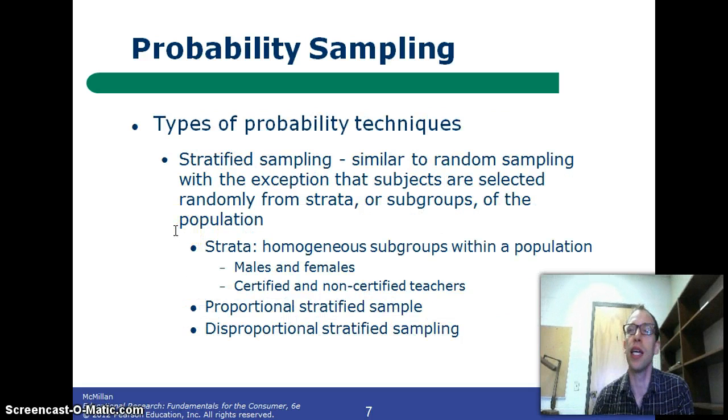Stratified sampling, so this would be a reason when simple random sampling might not meet your needs. Let's say that you're looking at students with autism and you have access to 900 male students and only 100 female students who have been diagnosed with autism.